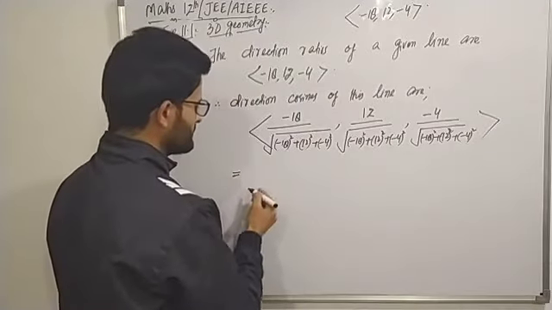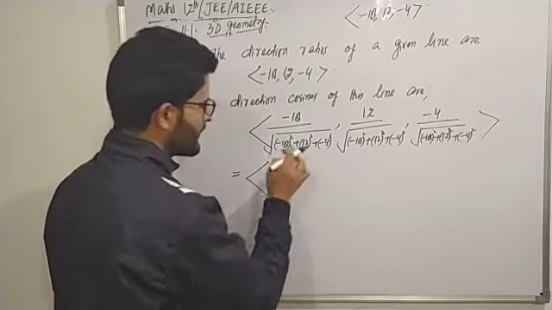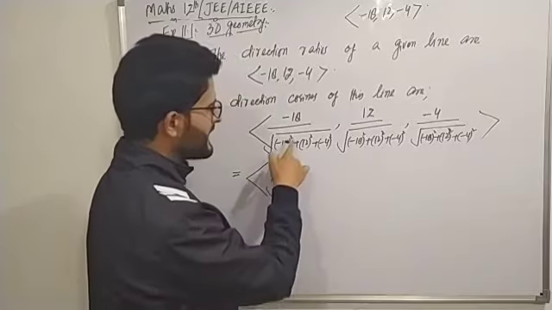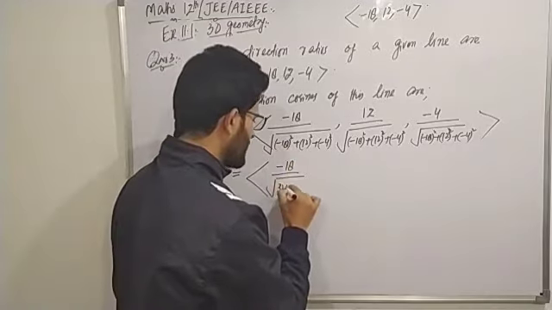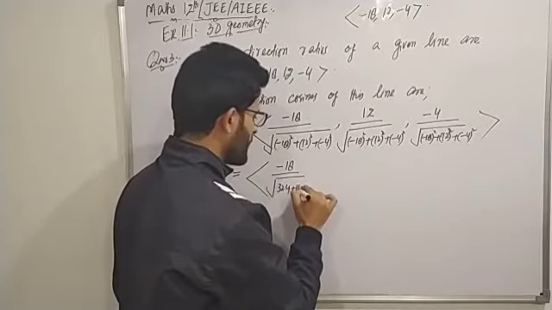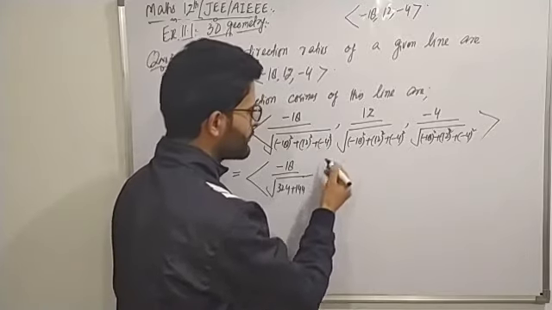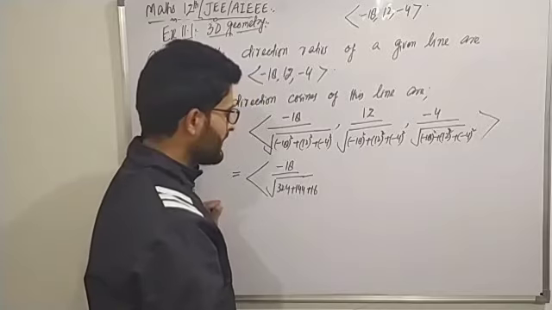Now that is equal to the ordered 3-tuple of -18 divided by, let us calculate, square root of (-18) square, minus square is plus, 18 square is 324, plus 12 square is 144, plus (-4) square that is 16. Clear?